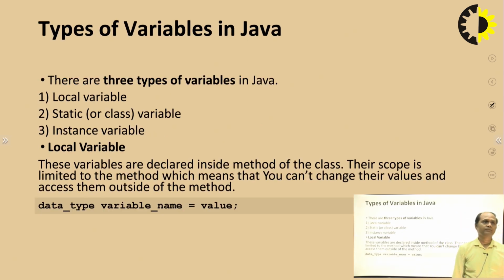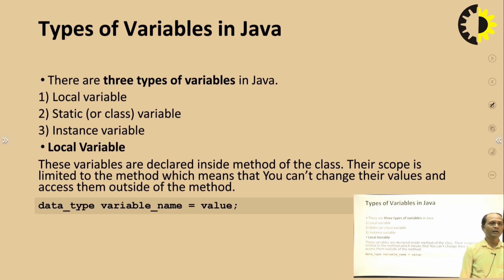So, types of variables in Java: there are three types of variables that we can use in our program. One is the local variable, another is the static variable, and another is the instance variable. What do you mean by the local variable? The variables that are declared inside a method of the class have their scope limited to the method.